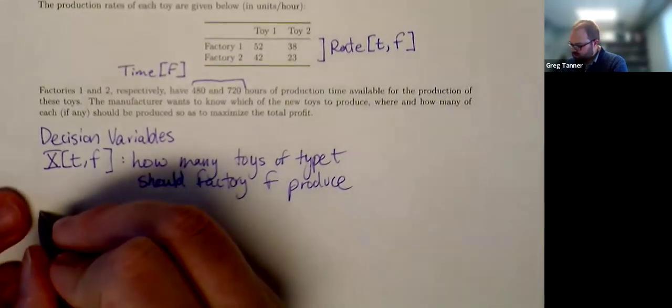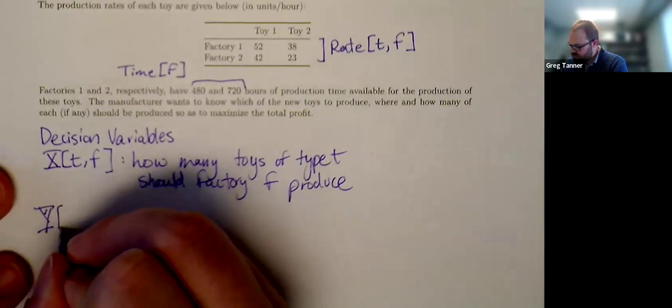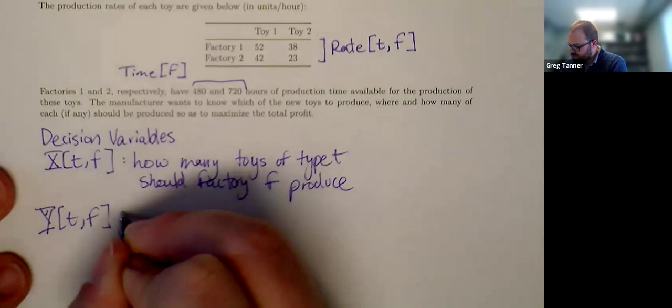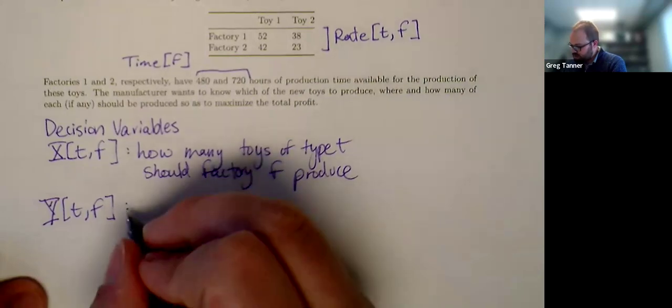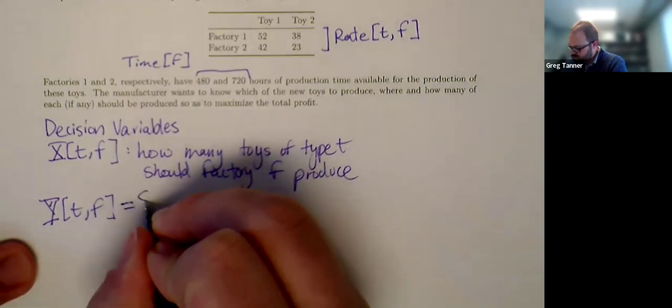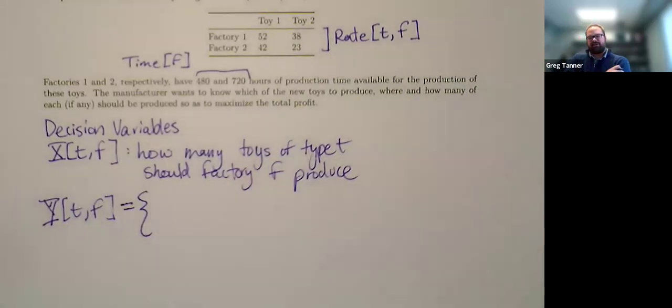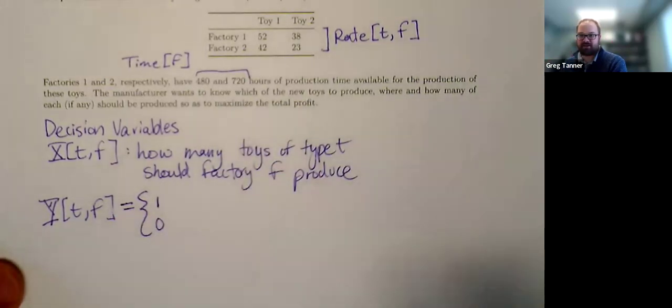Okay, and then we're going to define a corresponding binary variable Y of TF, which is going to be should any be produced. I'm going to write what we want this YTF to be. Note, I've had some students make this mistake in the past: writing down what you want a variable to do isn't the same as putting in the constraints to actually make it do what you want. So we're going to have to add the constraints that give it this behavior.